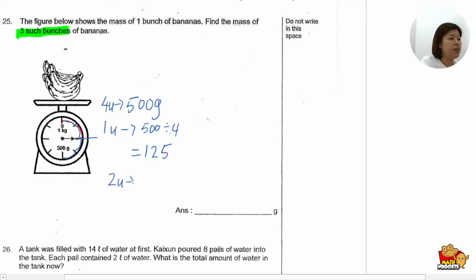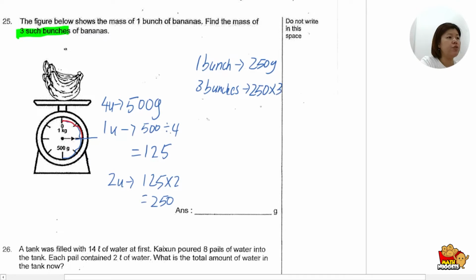So 2 units is equal to 125 times 2, which will give you 250. So 1 bunch is 250 gram. 3 bunches will be 250 times 3, which will give you 750.